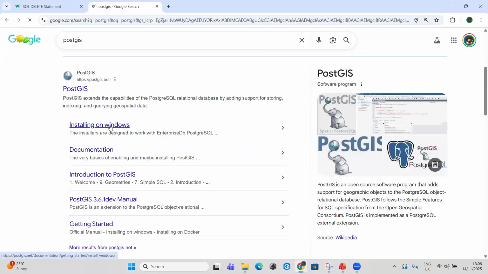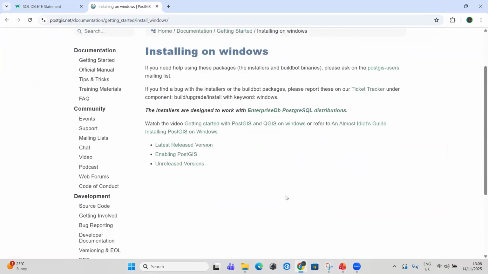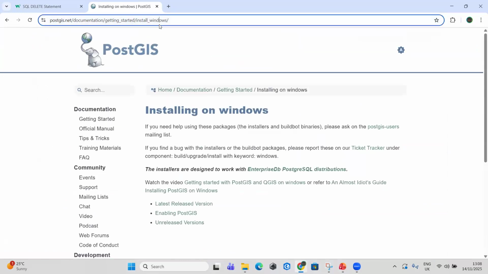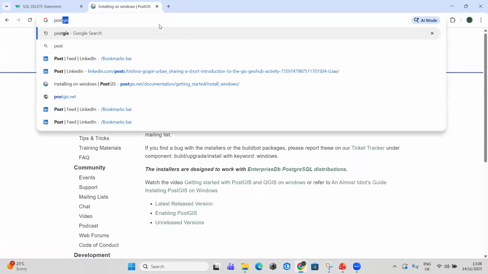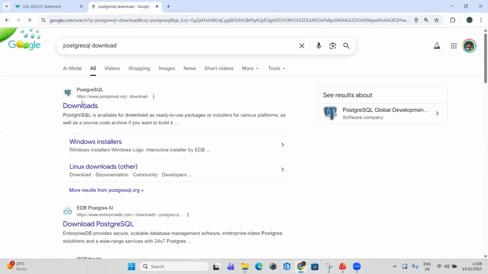Look for installing in Windows. Maybe just write PostgreSQL, PostgreSQL download.